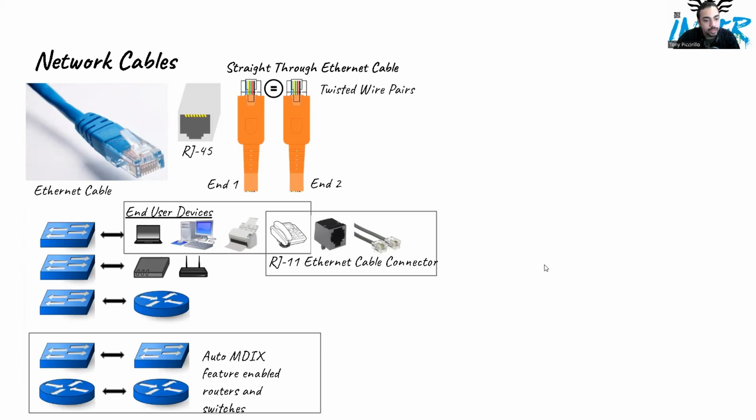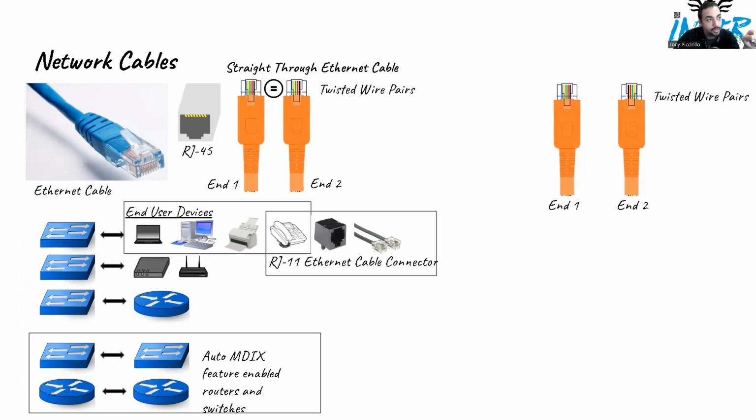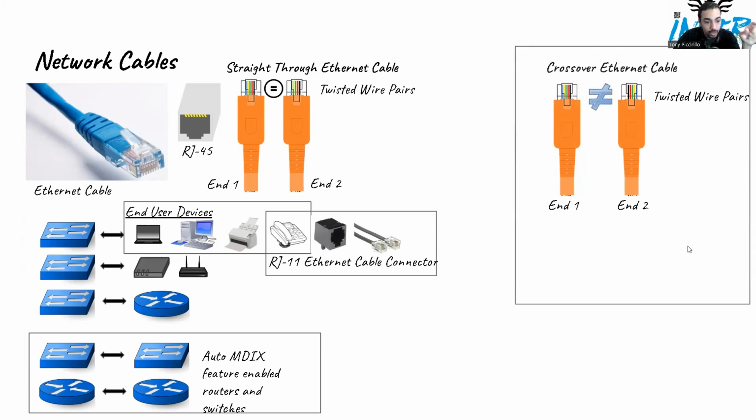So for any routers and switches that don't have MDIX enabled, the type of cable we need is going to be different. We need a cable where the twisted wire pairs at each end are different. So notice here how the colors of the wires are switched around at each end, right?